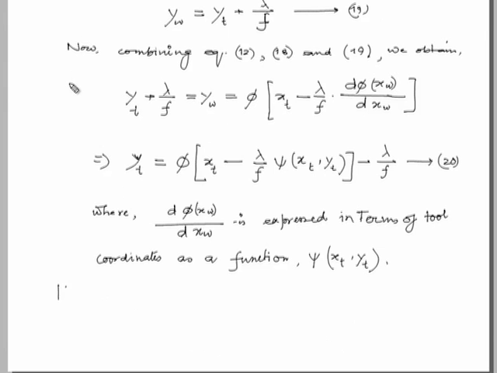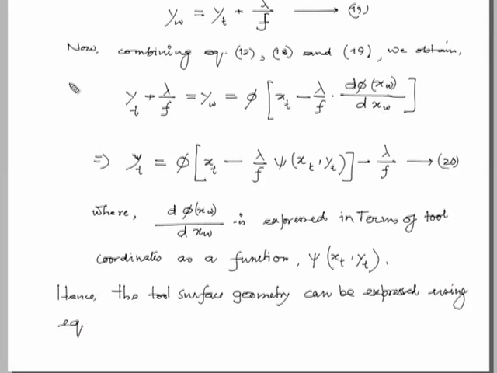Hence, the tool surface geometry can be expressed using equation 20 as y equal to phi of x minus sigma by small f psi of x y minus sigma by small f.